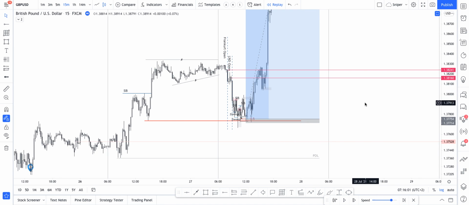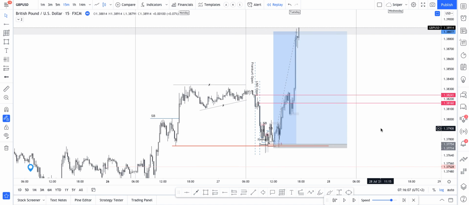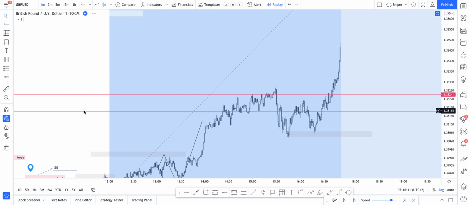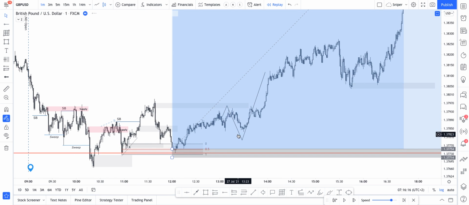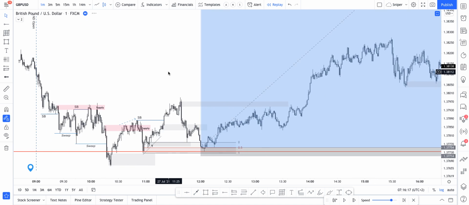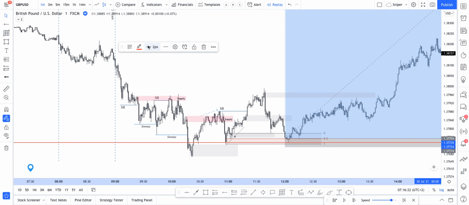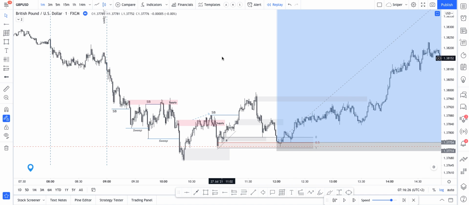So I shared this idea in the morning analysis, and I hope you looked at it and tried to anticipate it as I did over here. It was a beautiful trade, absolutely magnificent. Such a good trade. You don't always get them, but when they come around, they are beautiful, and it's really a joy to take those trades.